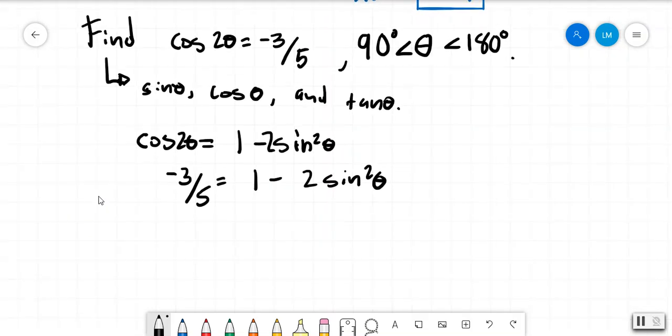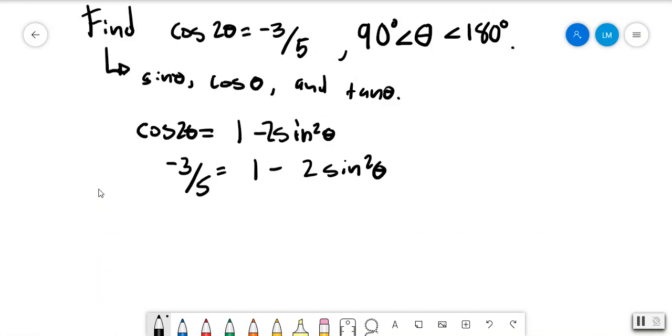Now, essentially this is telling me that theta is in the second quadrant, which means that sine is positive. So if we rearrange some things, this gives us that sine squared theta is equal to 4/5. All I did was move things around, like 1 plus 3/5, that's going to be 8/5, and then divided by 2, that's going to be 4/5.